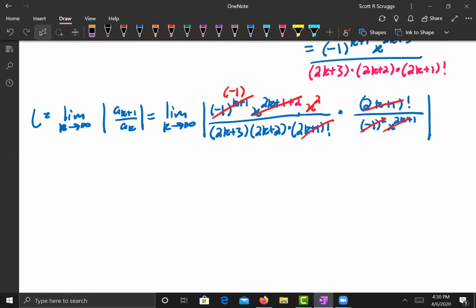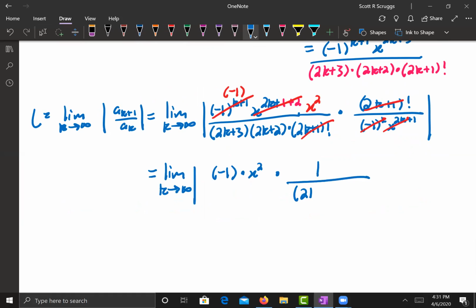Which means now what I have in my limit, after cleaning up a little bit, is a negative 1 times x squared times everything else that has k with it. So 1 over 2k plus 3 times 2k plus 2 in the denominator.